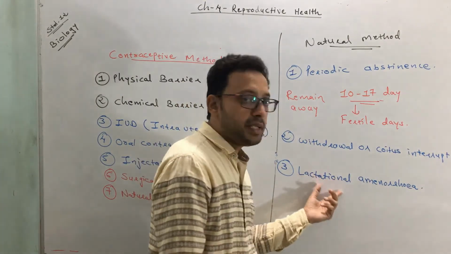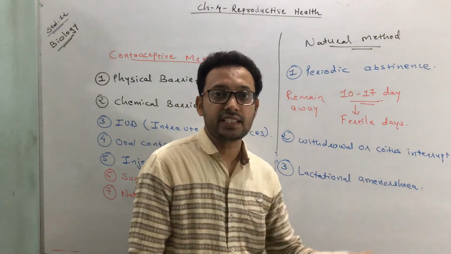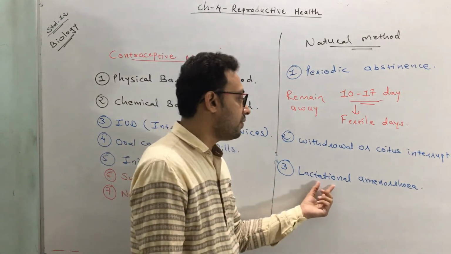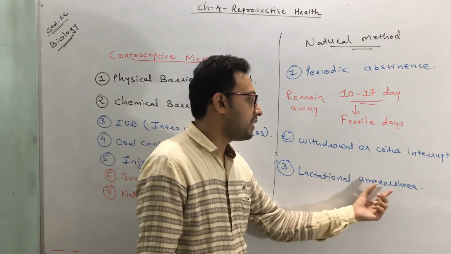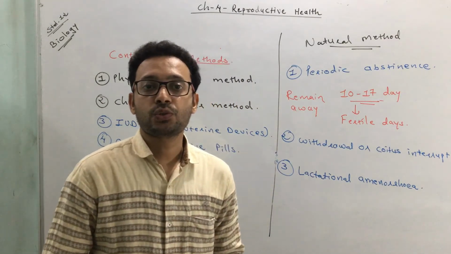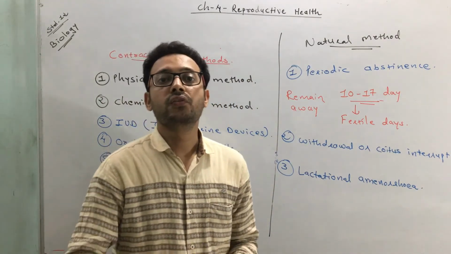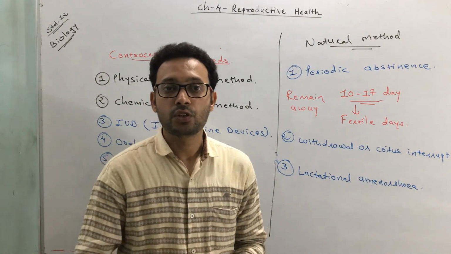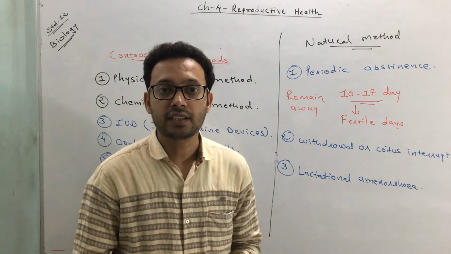So as long as the lady feeds her baby intensely with mother's milk, the menstrual cycle does not occur. And as the menstrual cycle does not occur, the ovulation process does not occur, meaning a release of the ovum does not take place, because ovulation is a part of the menstrual cycle.